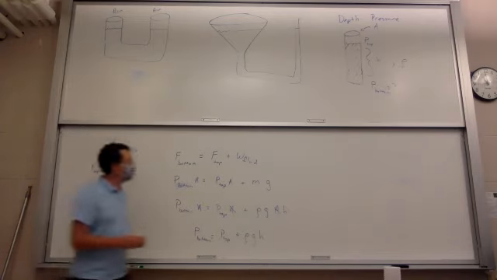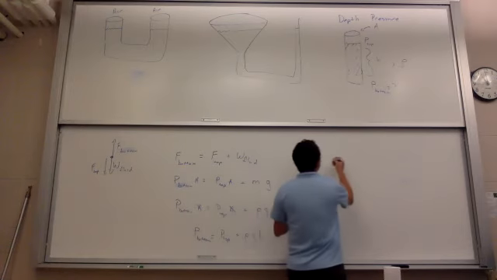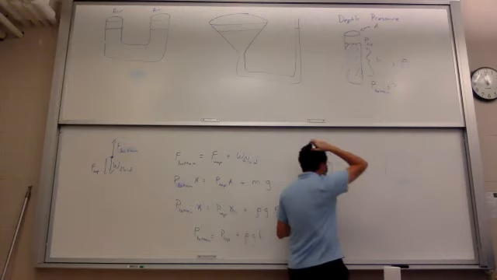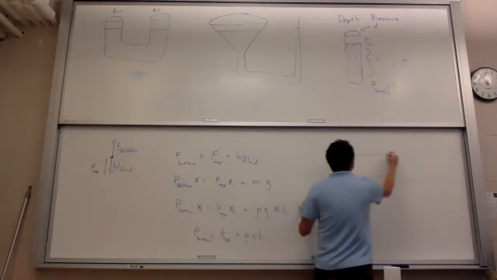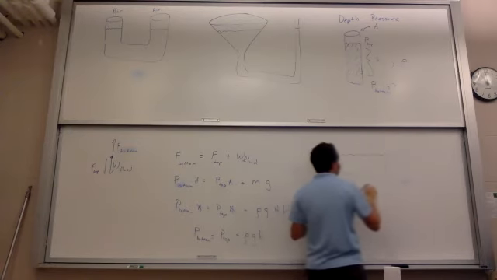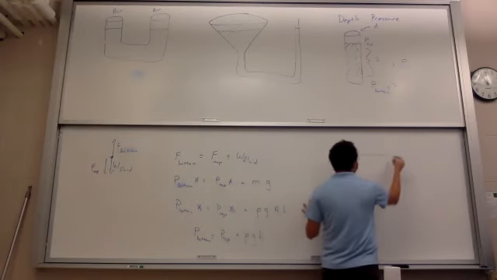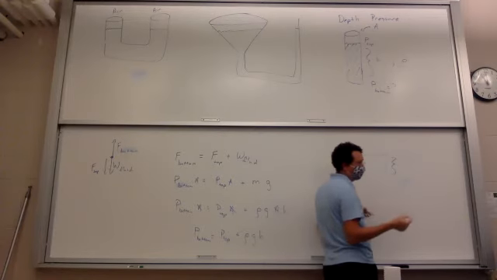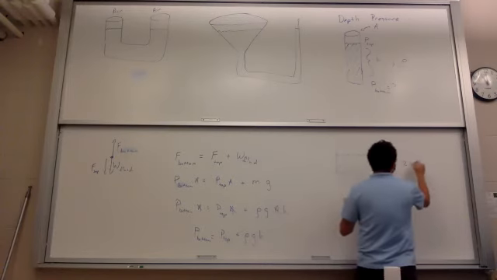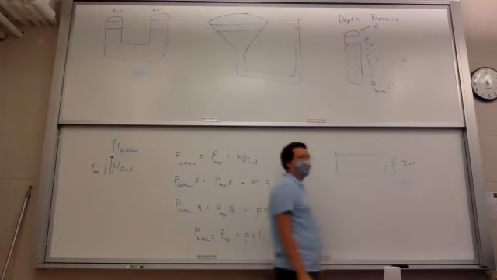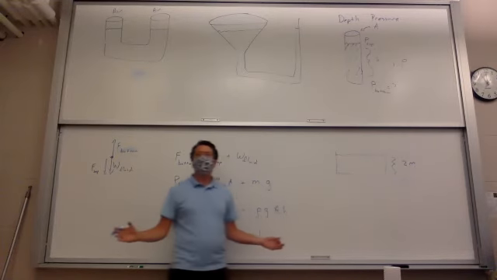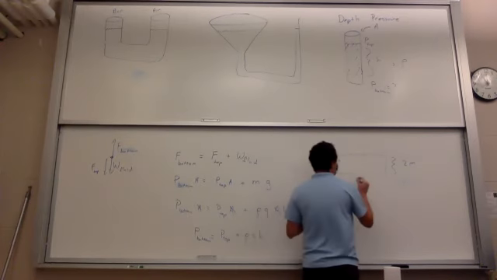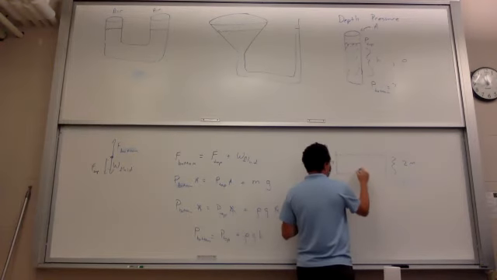Let's say you have a swimming pool, and let's say the depth of the swimming pool is 2 meters. It's filled, we'll just assume pure water. So what I want to know is, what is the pressure at the bottom of that pool?